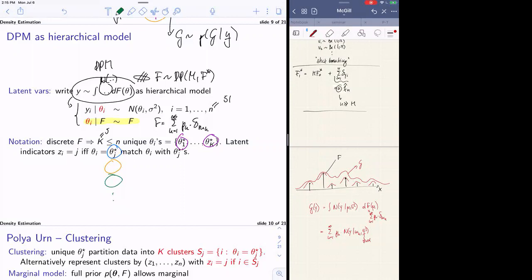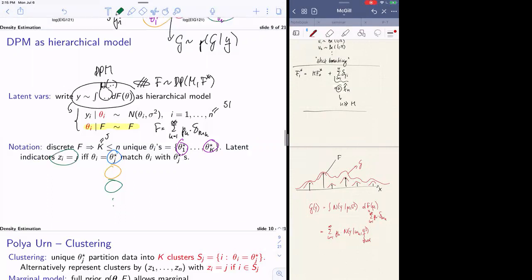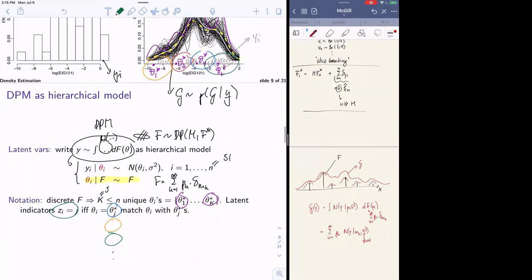We can introduce latent cluster membership indicators, s i. In my picture, the green guy was 2, so s i is 2 if the latent theta i is equal to the unique theta 2 star. s i is equal to 1 if we have a tie with theta 1 star, s i is equal to 4 if we have a tie with the blue theta 4 star, and so on.